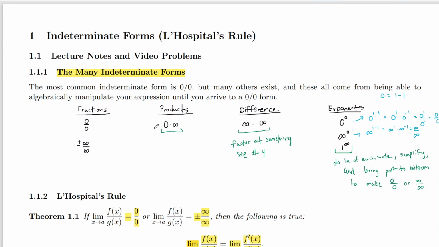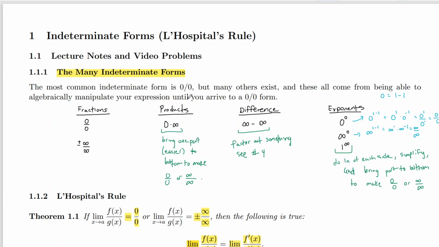And that's pretty much the products one, just this last part. Bring one part, and the easier one to do the derivative of, mind you, to the bottom to make 0 over 0 or infinity over infinity.